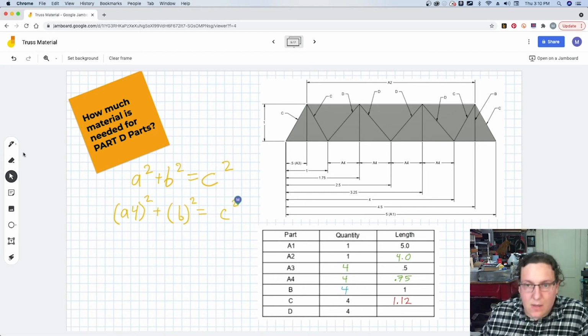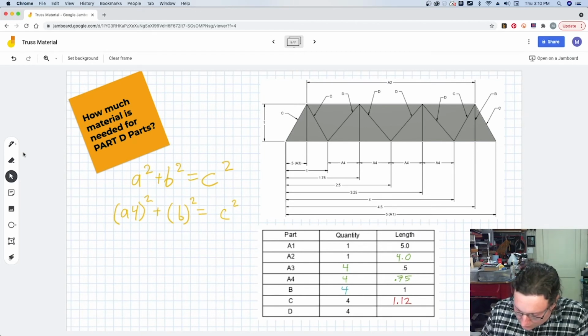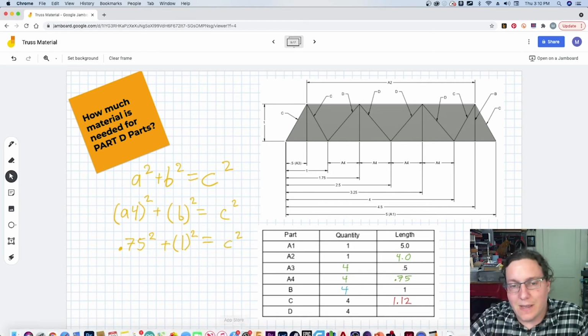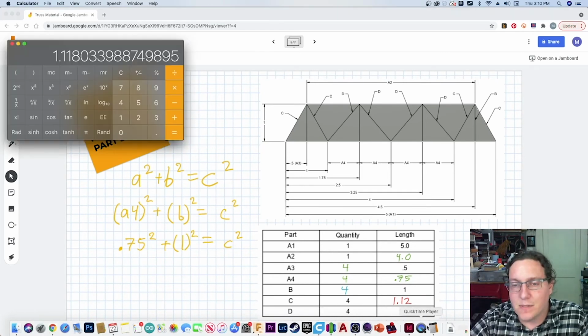Okay. Knowing that information, we can now pull it off the tables. So A4 was the 0.75 inches squared, plus B, which is 1 squared, equals C squared itself. We need the calculator now to go ahead and help us out.